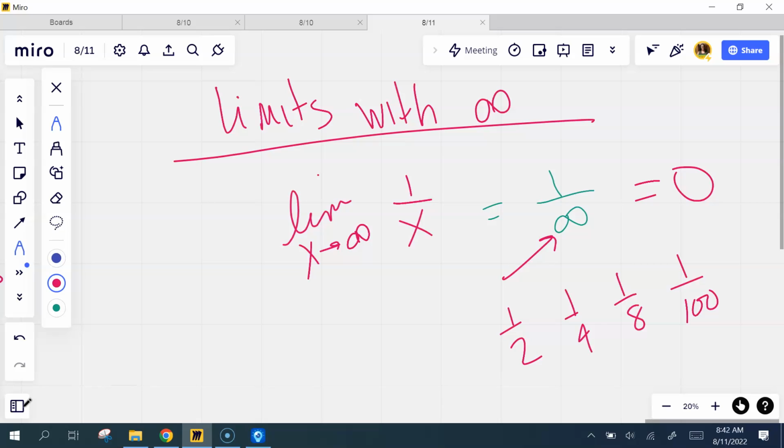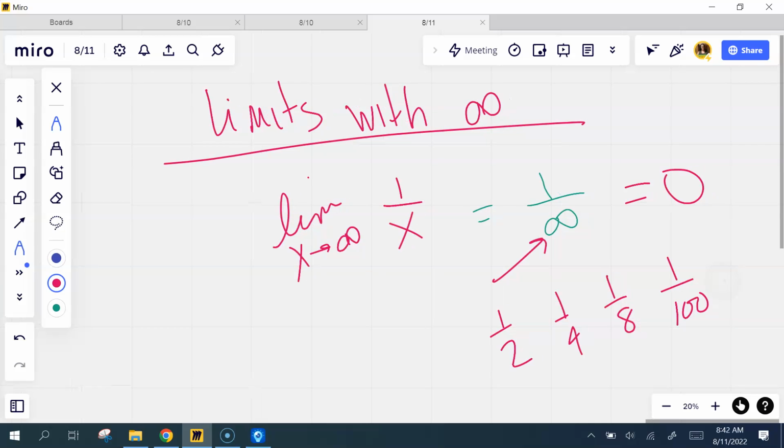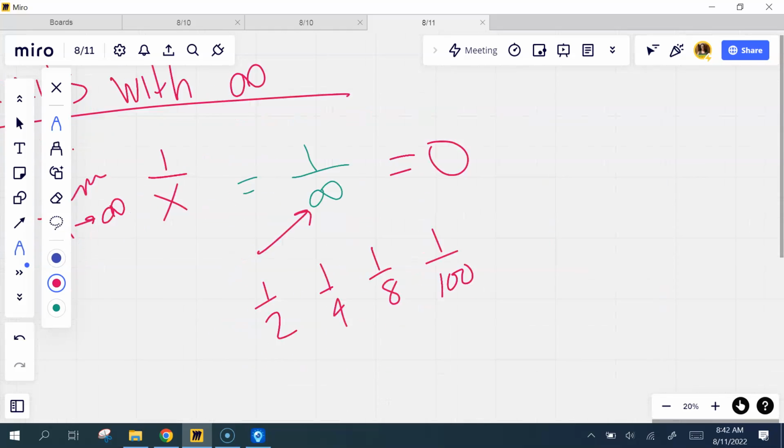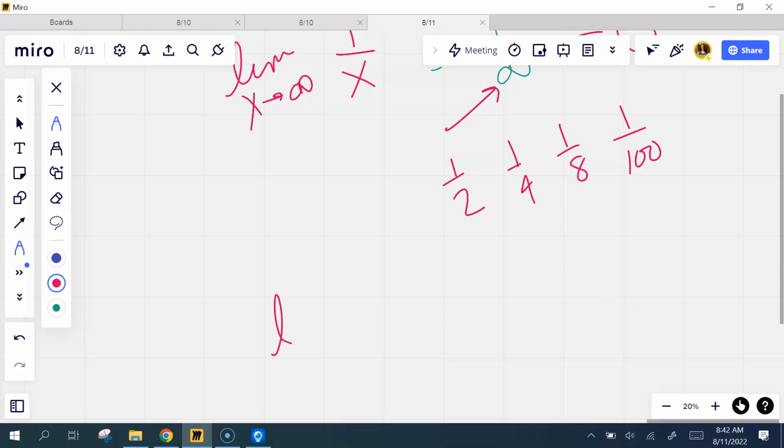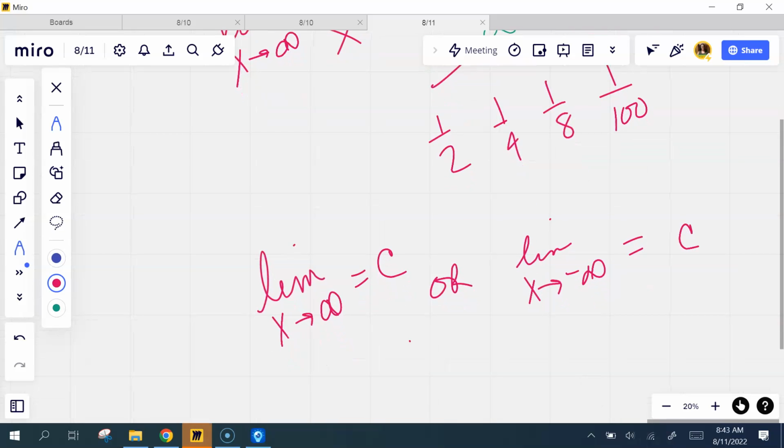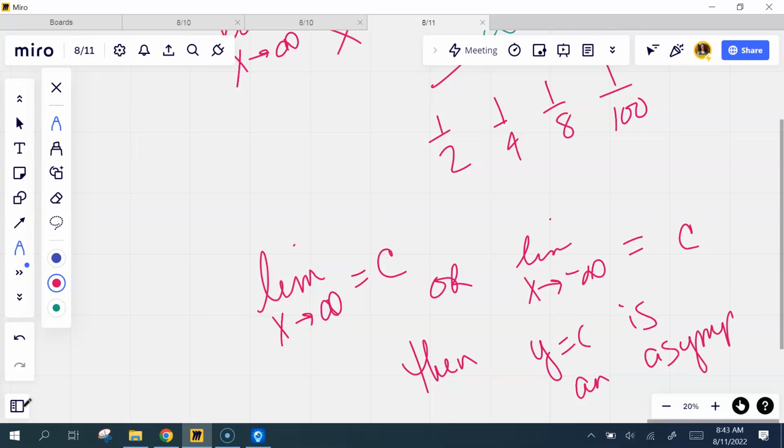All right. And we also know that if I have a limit as x goes to either infinity or negative infinity and it equals some constant, then what do I have? An asymptote. That is by definition what an asymptote is, right?